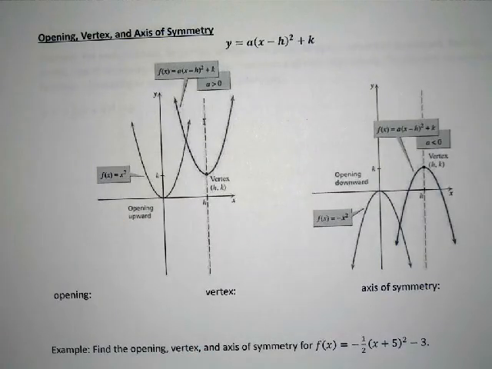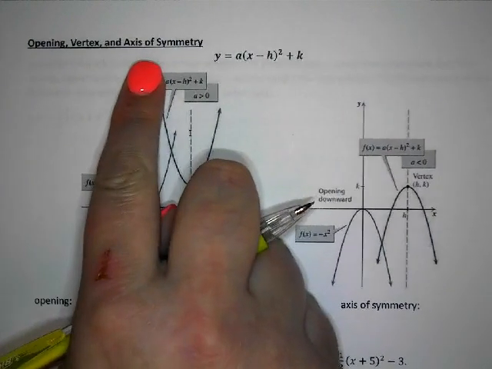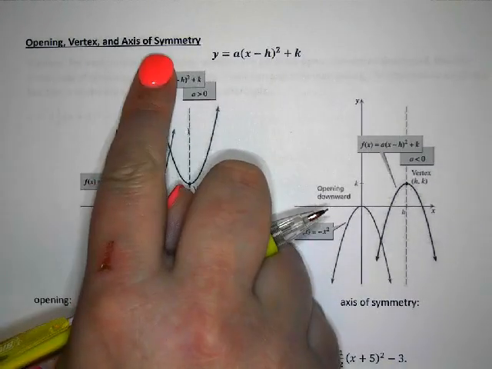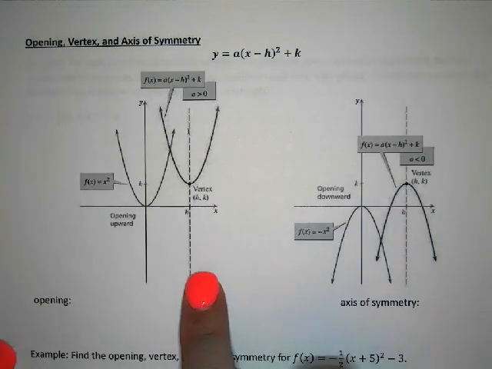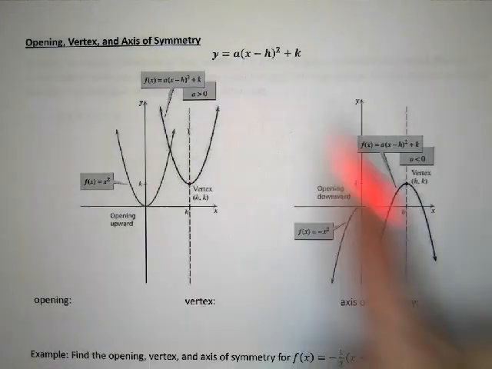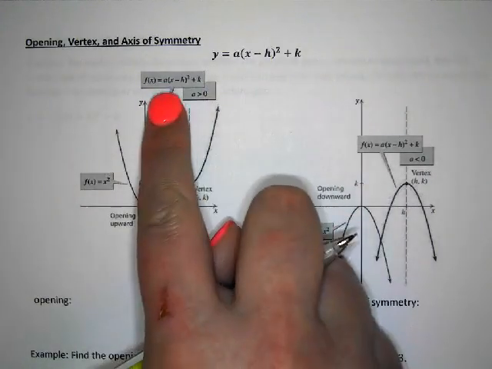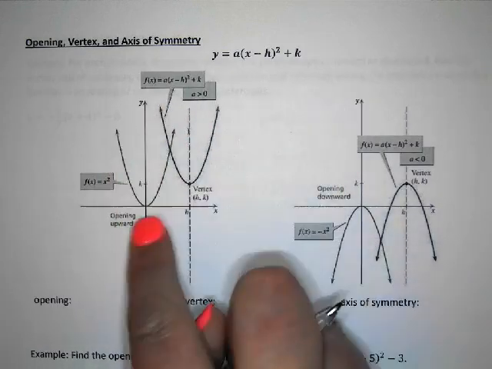All right, so next we're going to look at the opening, the vertex, and the axis of symmetry. These are just some characteristics of quadratic functions. They just kind of describe quadratic functions. So we can see here from this vertex form that if the a value is positive, the vertex is down here, but the quadratic opens up.